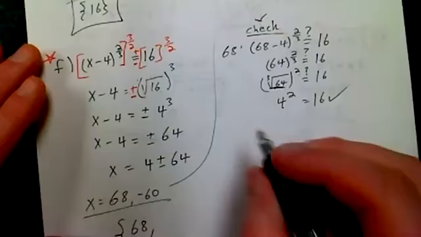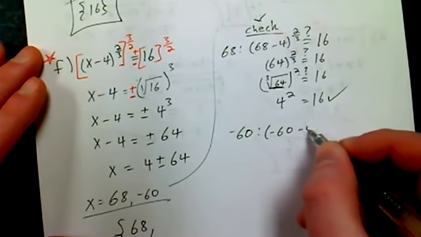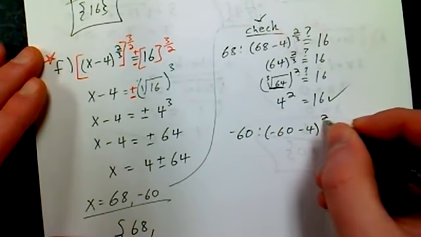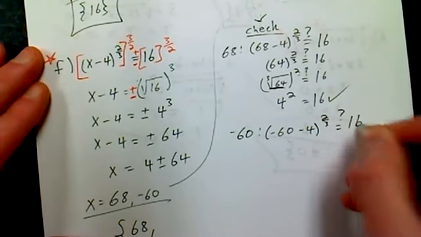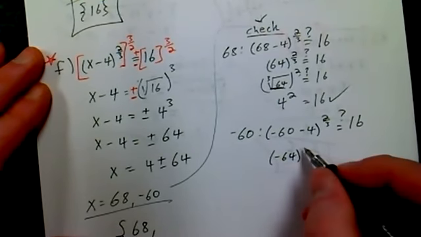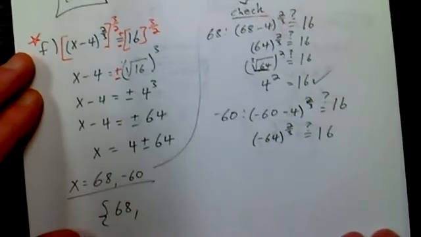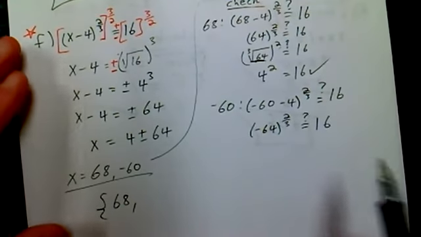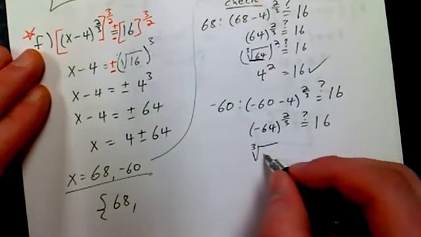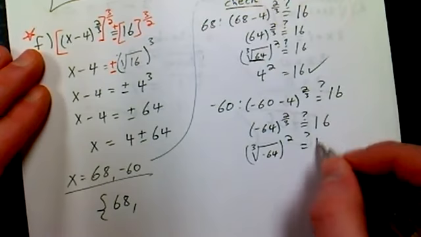Let's check negative 60. So I have negative 60 minus 4 to the 2/3, is it equal to 16? Well, that's negative 64 to the 2/3. I want to know if that's equal to 16. And I know that this means we have the cubed root of negative 64, and that's going to be squared.